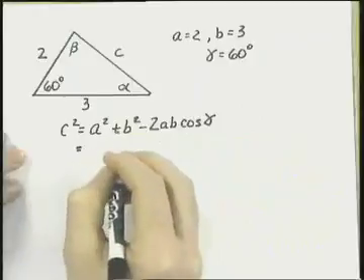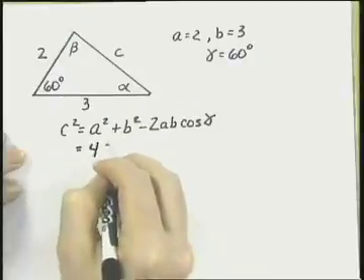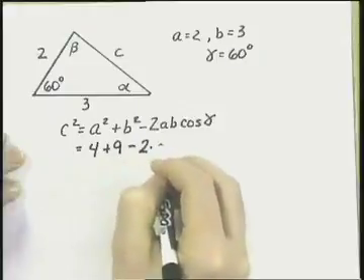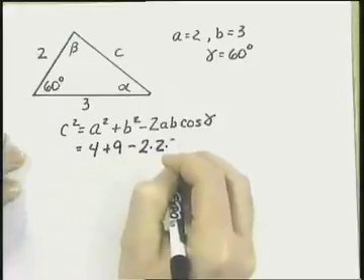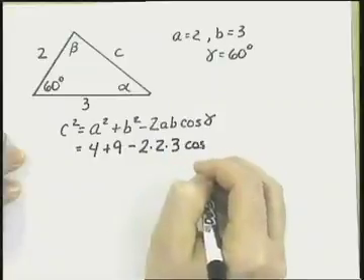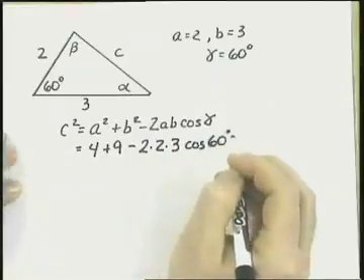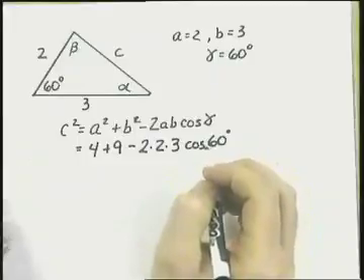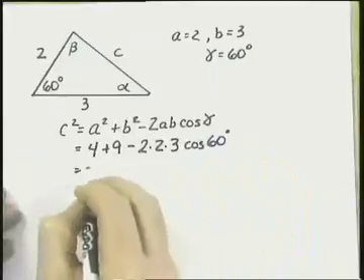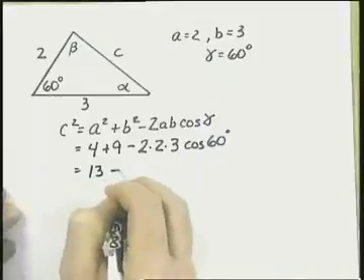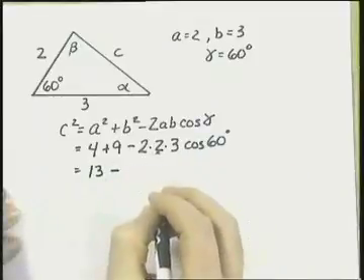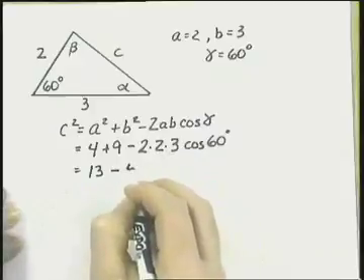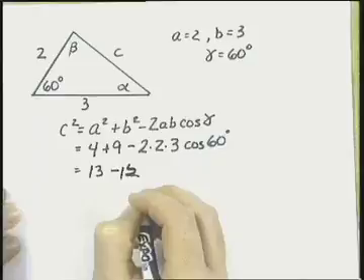So c squared is going to equal a squared, which is 4, plus b squared, which is 9, minus 2 times a times b times the cosine of 60 degrees. What we're going to do is work this entire expression out. 4 plus 9 is 13, minus 2 times 2 is 4, times 3 is going to be equal to 12.